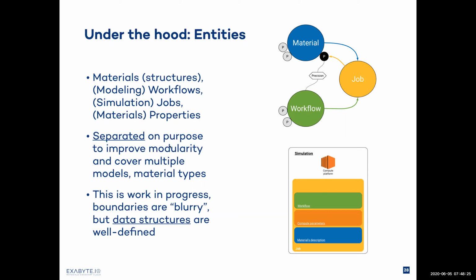The reason why we identify them and separate materials information from the workflow information is to be able to cover multiple different model types, multiple different material types, and to be able to deal with the complexity of computational material science. It's extremely diverse, and by having a very clear delineation and separating these different entities, we will be able to cover this diversity.